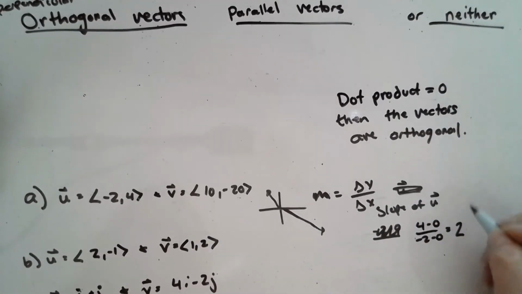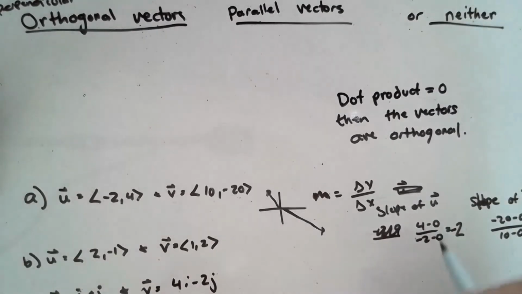If I look at the other one, the slope of vector v would be negative 20 minus 0 over 10 minus 0. So that is going to give us negative 2.